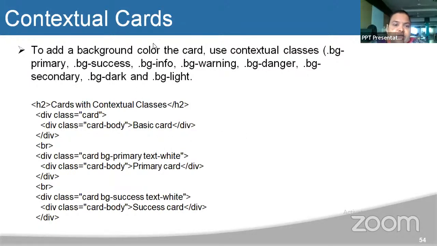And there are different colors we are adding, different background colors. To add background colors, the card uses the contextual classes. For example, background colors. The card is nothing but one representation of a square box. The square box is for the different background colors. That is bg-primary. bg is nothing but background color.